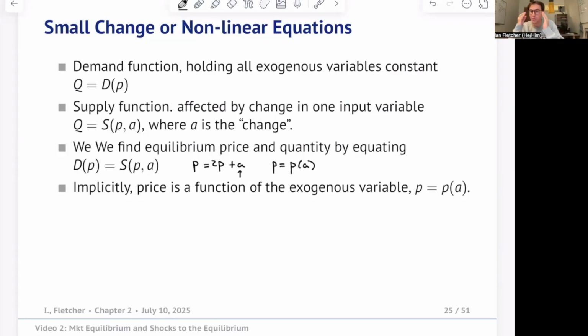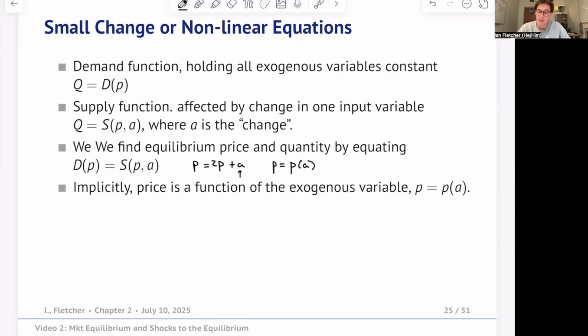If we were given A, we would be able to know what P was. And in order to find P, we need to know what A is. And so we use this thing called the implicit function theorem, which you won't need, maybe you'll need to know the name, but you won't really need to know the math behind it just yet.